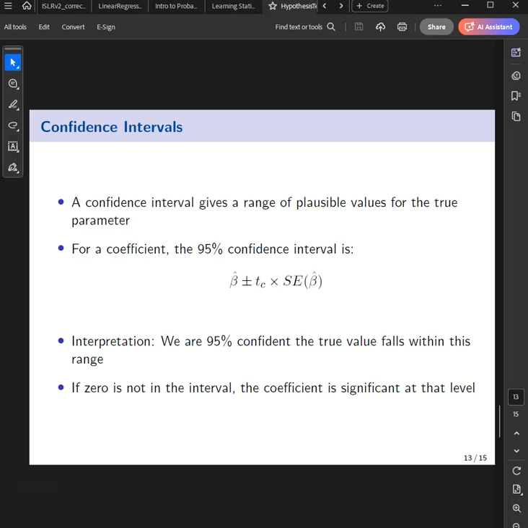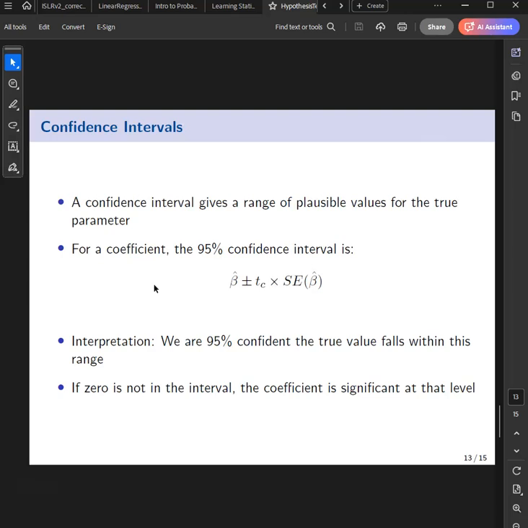A confidence interval gives us a range of plausible values for the true parameter based on our sample data. For example, for a coefficient, the 95% confidence interval is calculated as beta hat plus or minus the critical value times the standard error of beta hat.